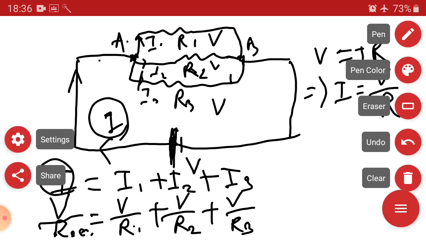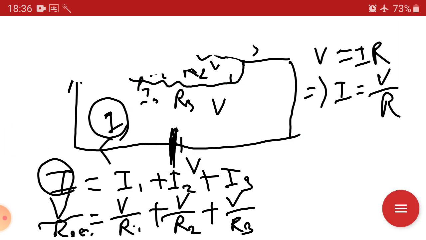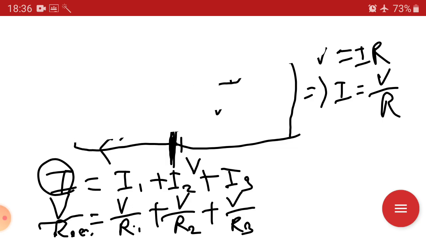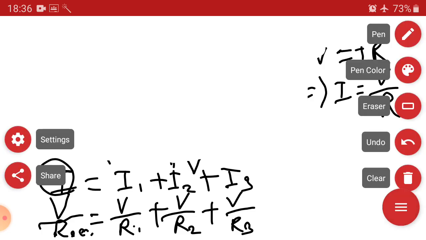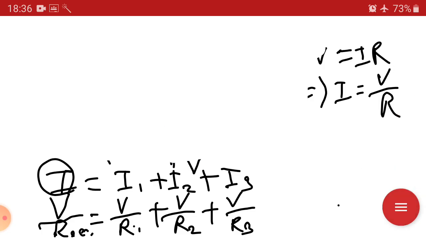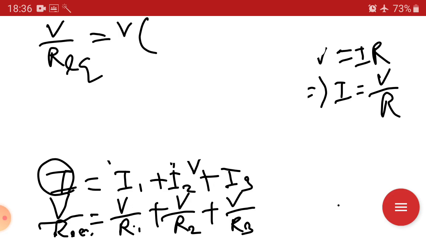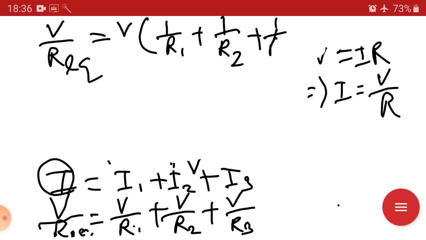Now let me erase the diagram. So you can see here what we got: V by R equivalent is equal to V times, taking V common, 1 by R1 plus 1 by R2 plus 1 by R3. Now V will get cancelled, same voltage.